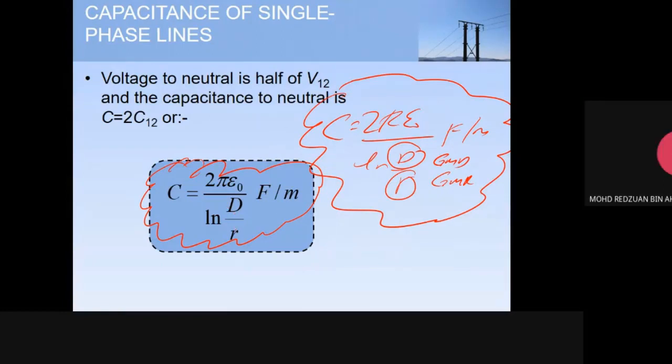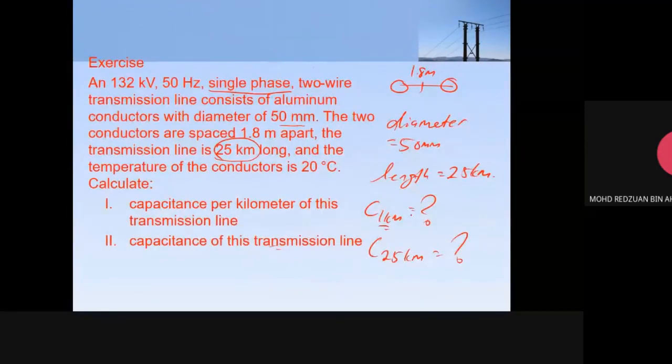This is the question of how we can calculate the capacitance for the transmission line. Single phase and three phase use the same equation. So now we have this data.